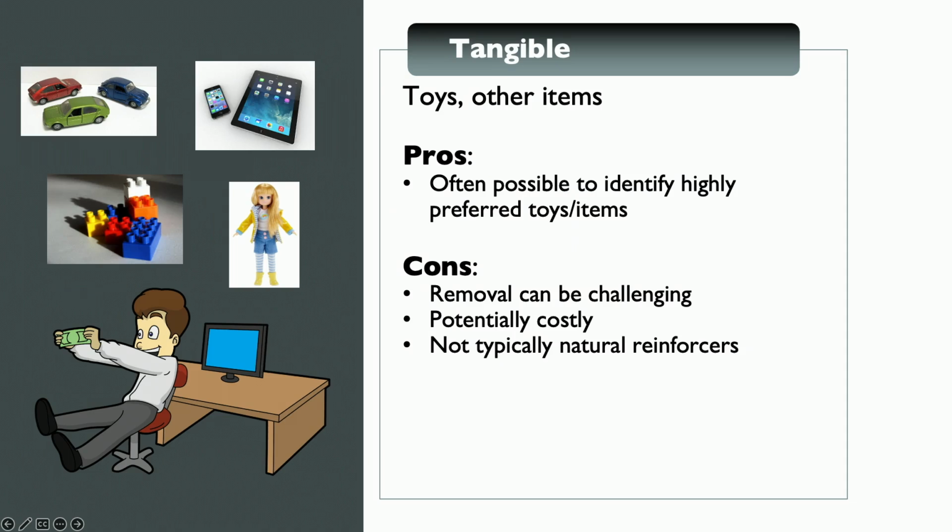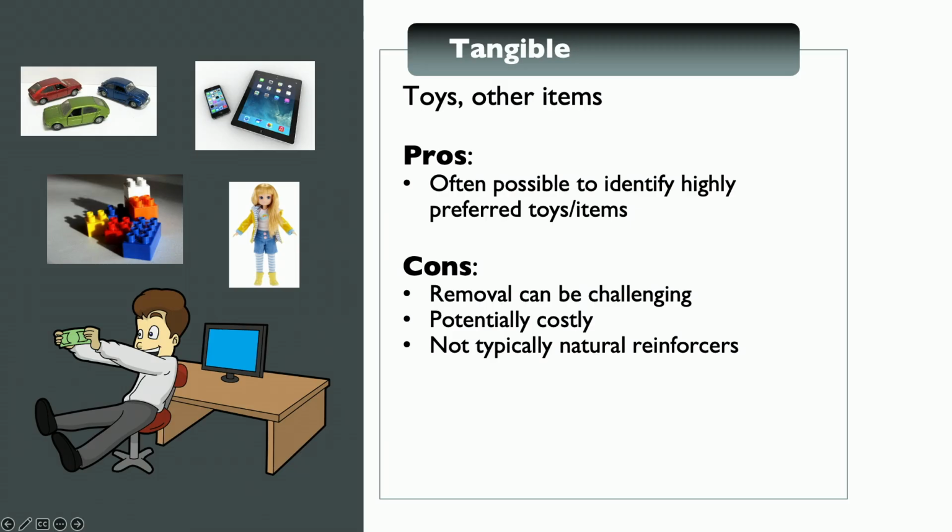Tangible reinforcers can be any item that, when given to a person after a behavior, increase the likelihood the behavior will occur again in the future. They are secondary reinforcers. The potential pros of using tangible reinforcers include that they are often possible to identify through highly preferred toys or items.